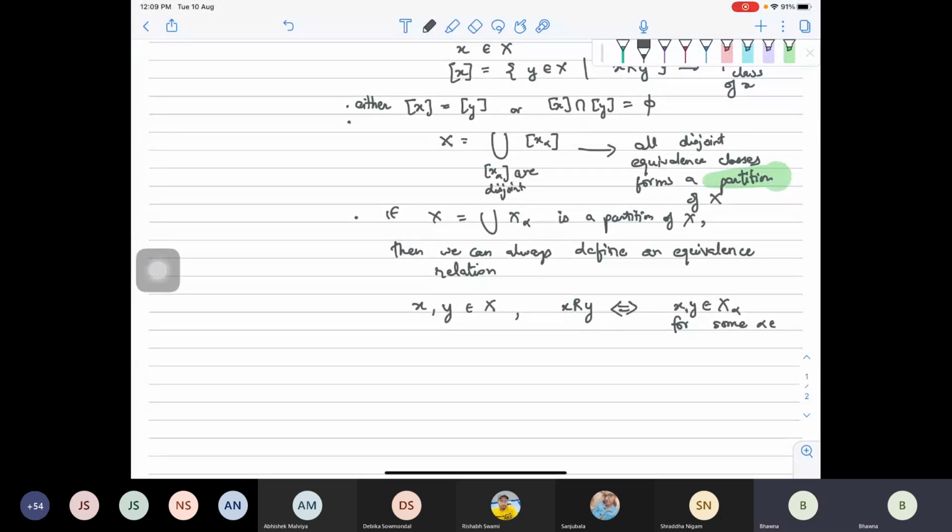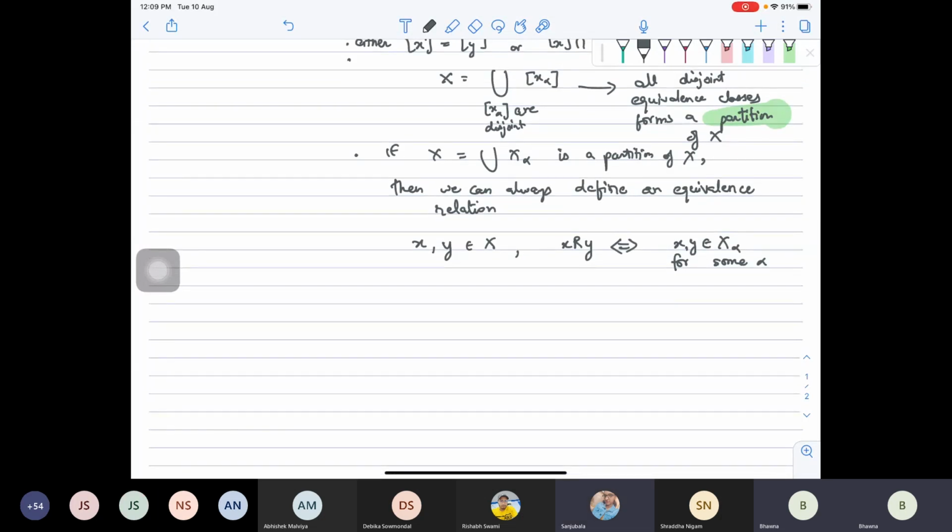So is it a relation? First of all, does everyone agree that it is a relation? Okay, it is a relation. Again, you can easily check that it is reflexive. Why? Because always x is in some partition, and x and x are both in some partition.